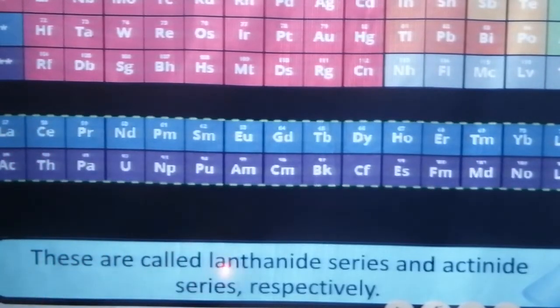These are called the lanthanide series and actinide series respectively: lanthanides, La, and actinides, Ac.